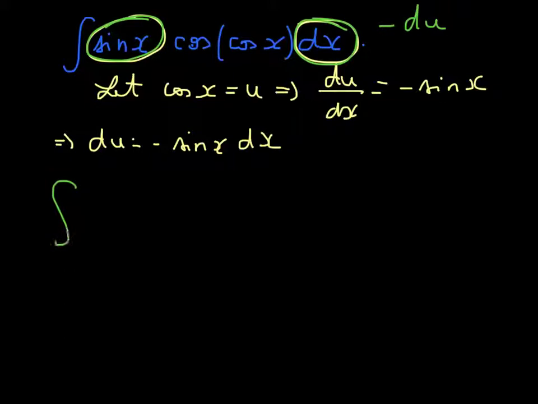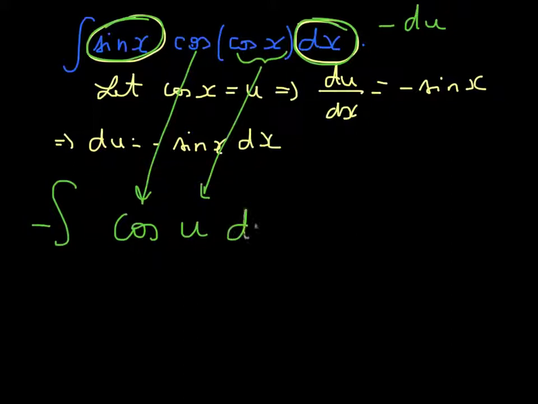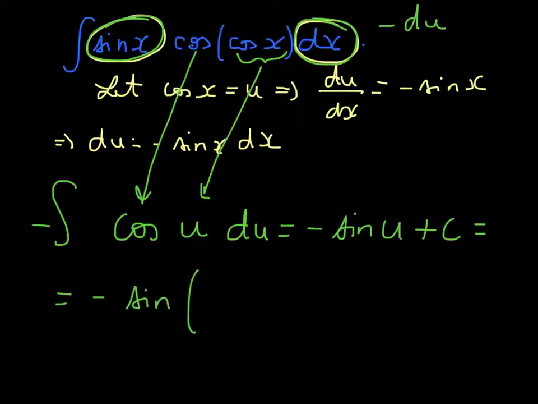So my integral becomes integral cos of u, and what is left is minus du. So this is minus, and the integral of cos u is sin u, so this is minus sin u plus c. So now I replace this: minus sin of u. Remember, u was cos x here.